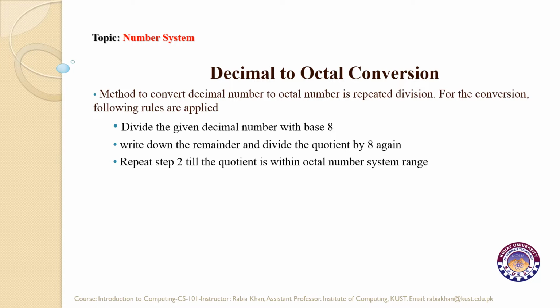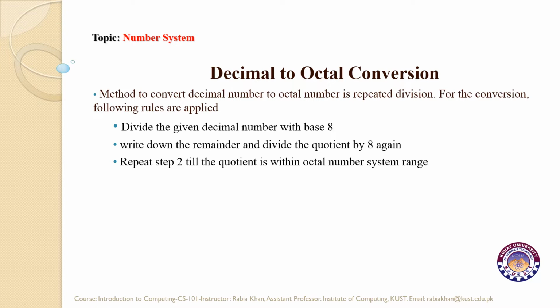While octal number system, which is not very common and has limited applications, consists of 8 total symbols or digits ranging from 0 to 7. In today's discussion, we will be performing decimal to octal number system conversion.